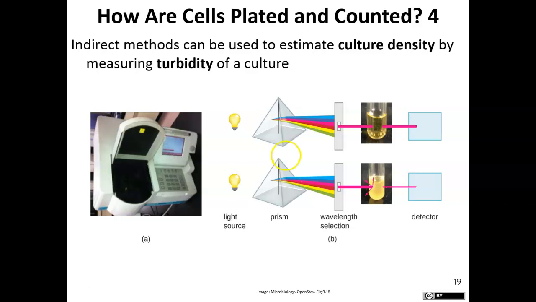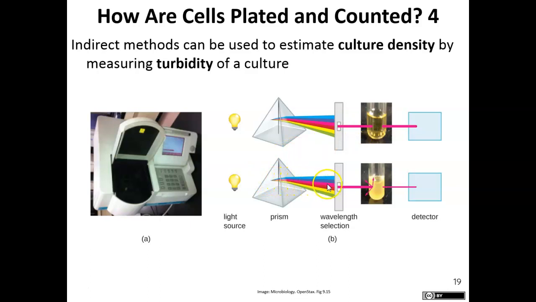And so we can use a spectrophotometer, and this sends a ray of light. That ray of light will then hit the solution, and if it can go through, the solution is not considered very turbid. If it's reflected slightly, that would mean a very little bit of turbidity.